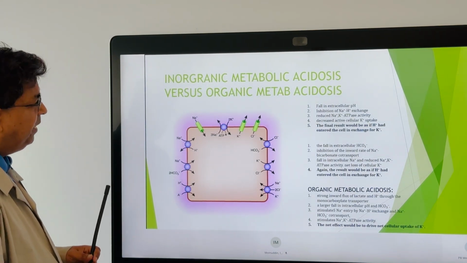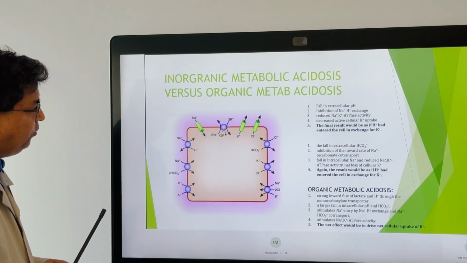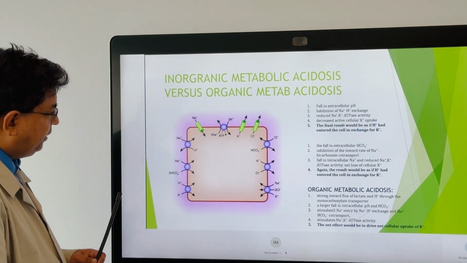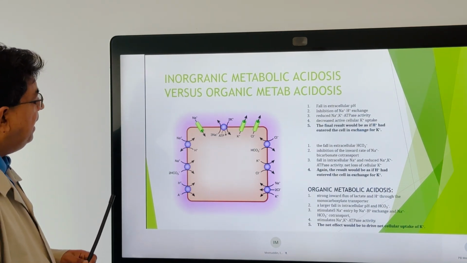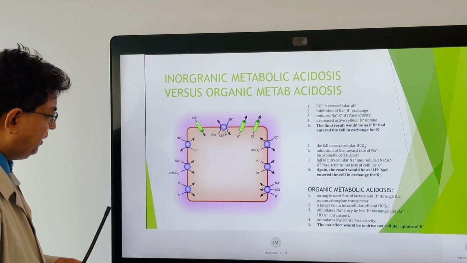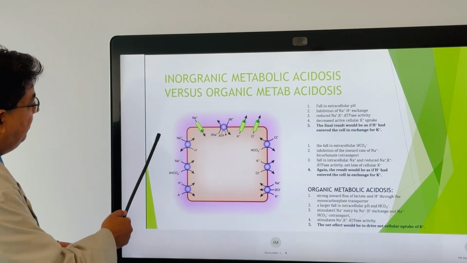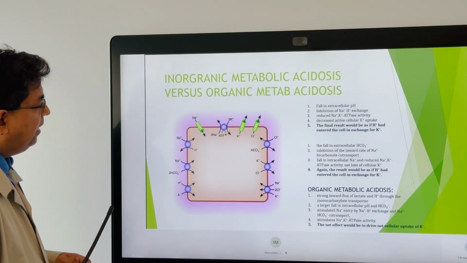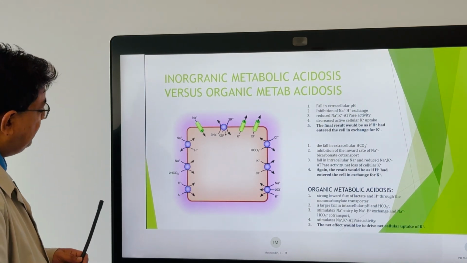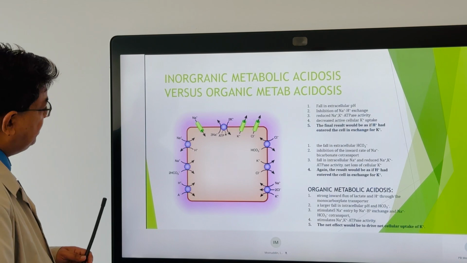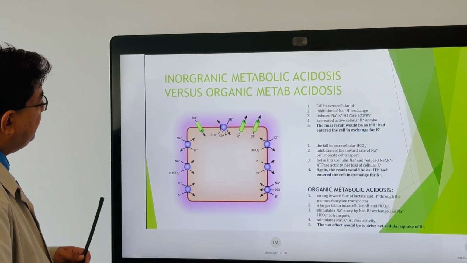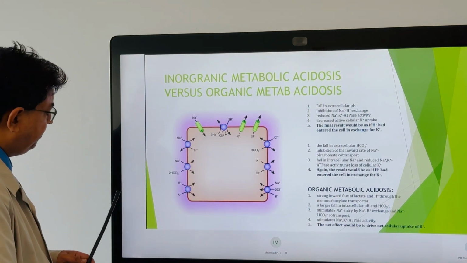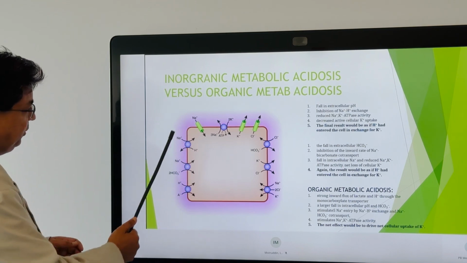If you have metabolic acidosis, you'll have a fall in extracellular pH, and the fall in extracellular pH will inhibit the sodium proton exchange, which will then result in decreased entry of sodium into the cell.